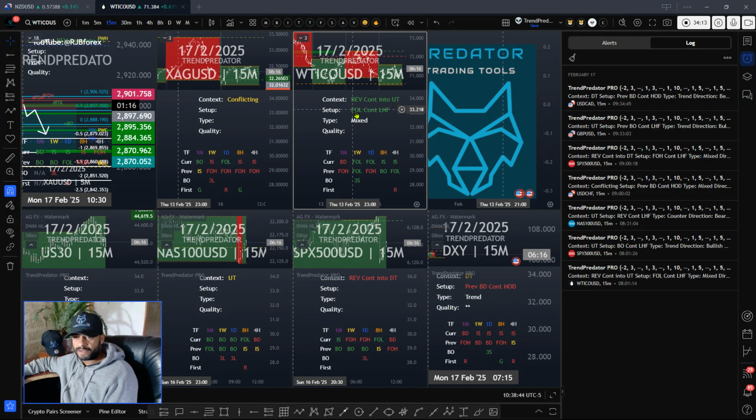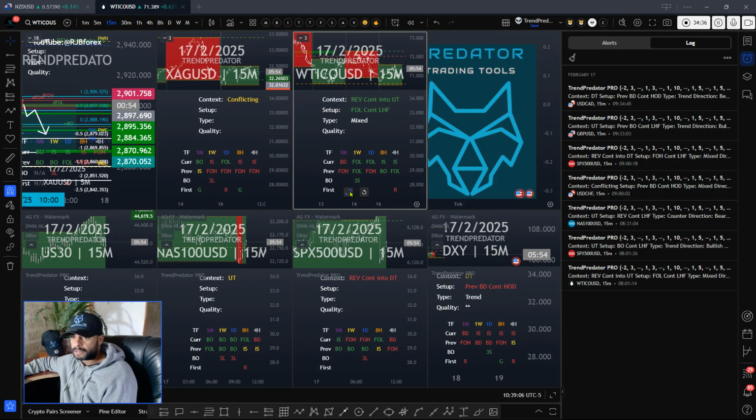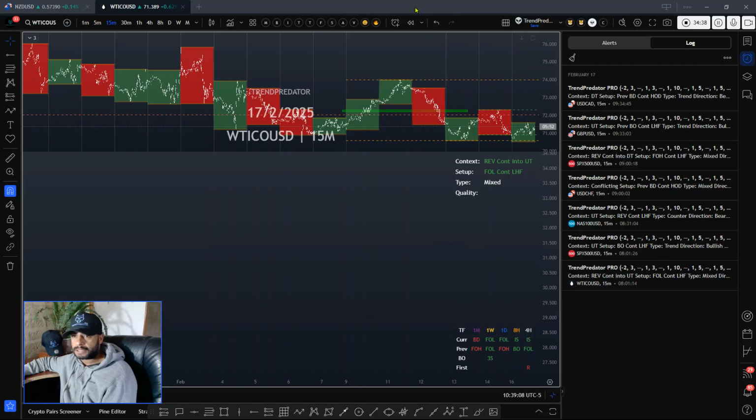There was a fake out low on the daily chart. It is mixed because, why is it mixed? Because we had a fake out high on Friday. And also the monthly chart is bearish. Let's have a look at that.